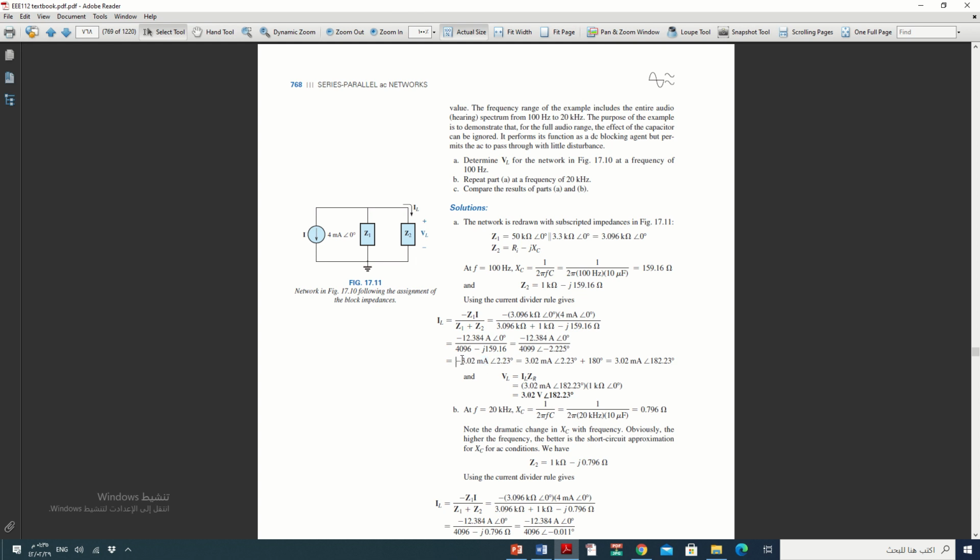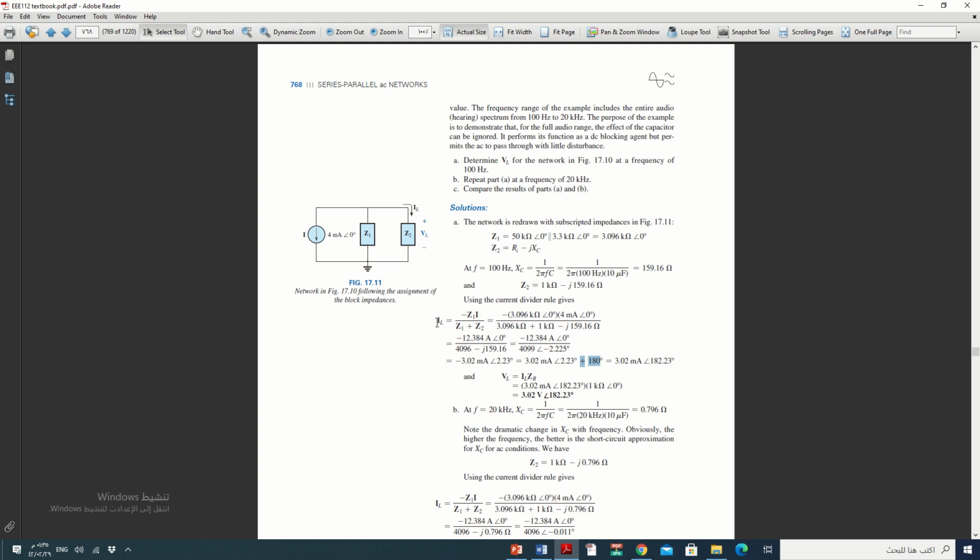How to cancel this minus? A minus in polar form we can cancel by adding 180 degrees to the angle. It becomes 2.23 plus 180 degrees. Now 3.02 milliampere and the angle 182.23.